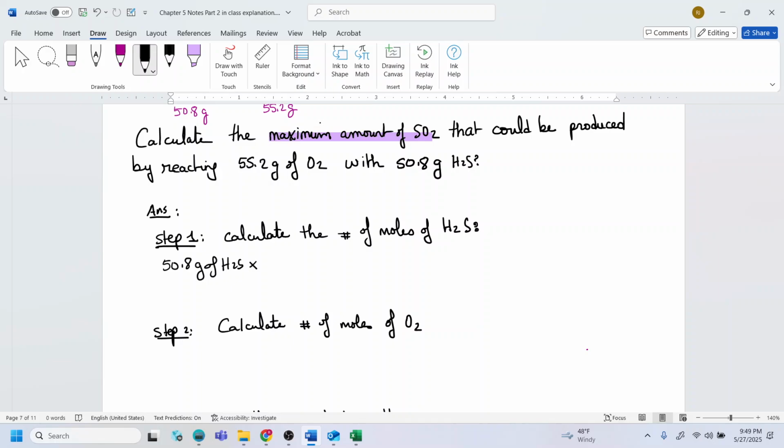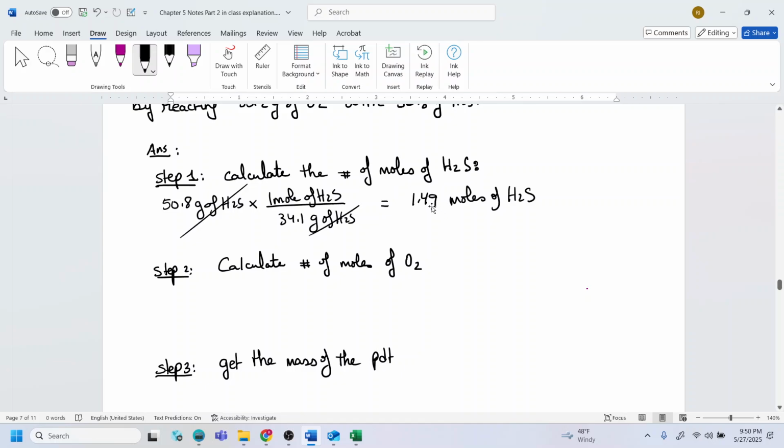The molecular weight of H2S is 34.1, so this is 1 mole of H2S divided by 34.1 grams of H2S, and I got the moles of the hydrogen sulfide. This is moles of H2S. Okay, so I calculated the moles of the H2S.